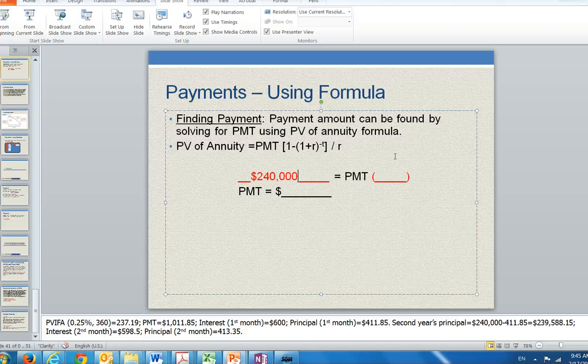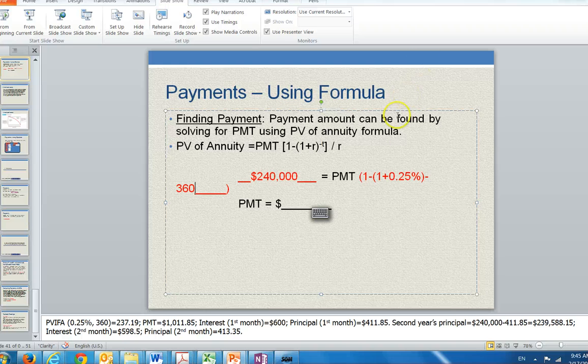The house price is $300,000, and the mortgage loan is $240,000, and that equals payment times 1 minus (1 plus the monthly interest rate, which we just calculated as 0.25%) raised to the power of negative t. Here t is the number of months, so negative 360.